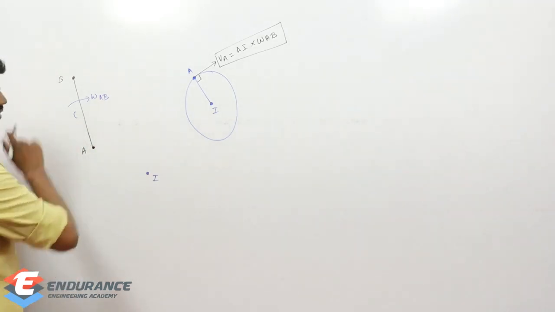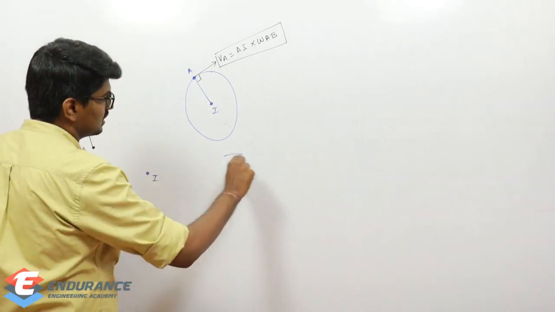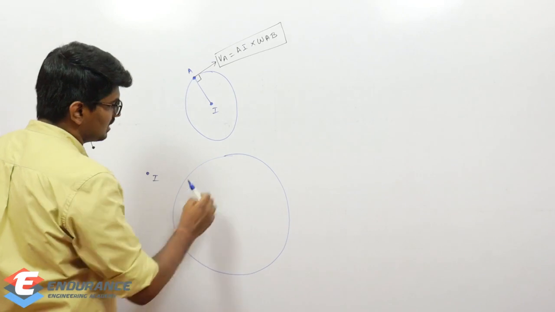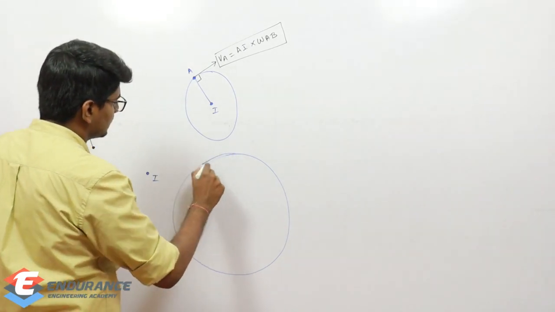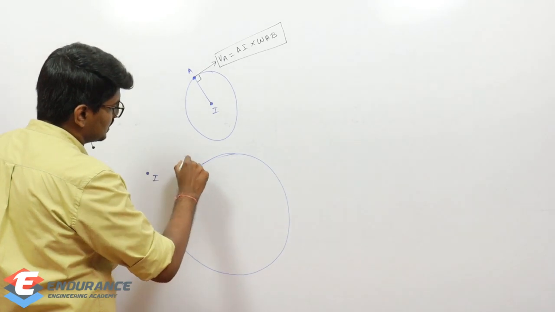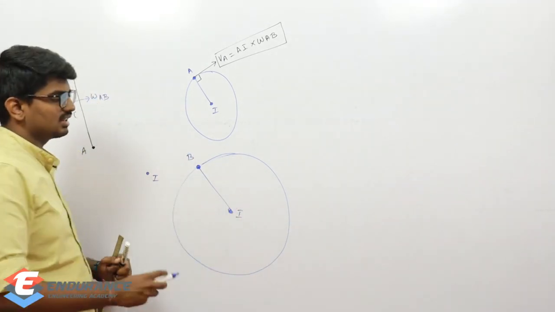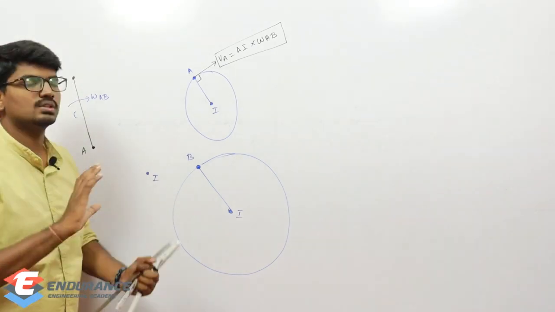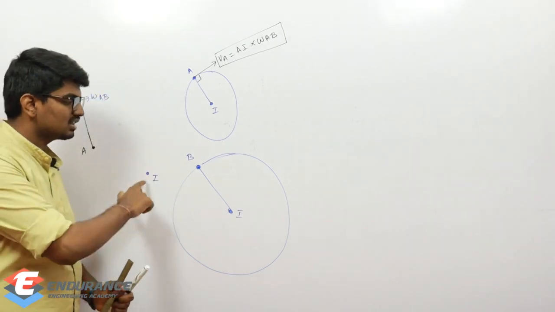What about the velocity of point B? Let me just show you that separately. Point B, again consider it to be a circle. I'm not drawing it as a perfect circle, but yes. Let us consider this is point B, and this is the instantaneous center. Point B is also undergoing circular motion, because it is undergoing pure rotation about I, right?